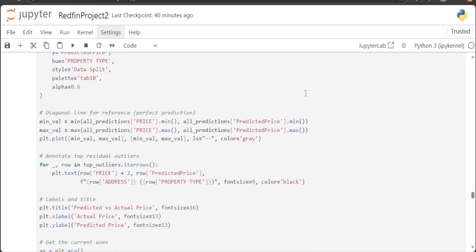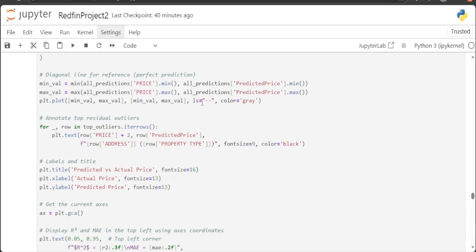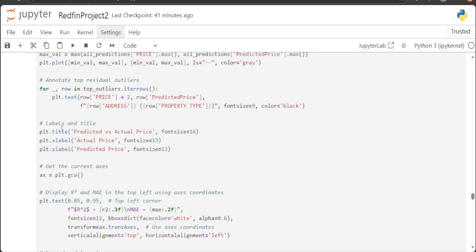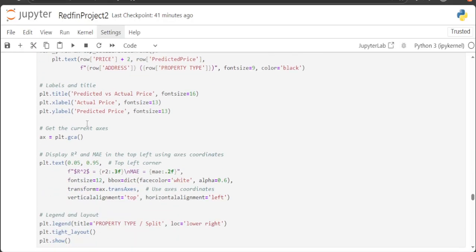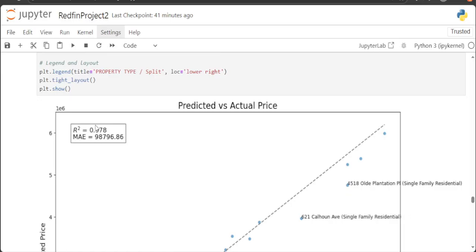The diagonal line is going to show up with two dashes in a gray color. And then we do the for loop for the residuals, label the title, the X label, and the Y label, and get the current axes to show our R square and MAE. You can see our gray diagonal line with the two dashes.